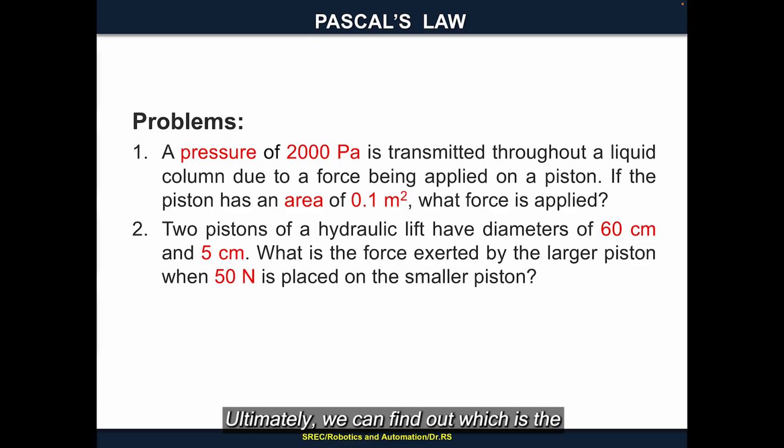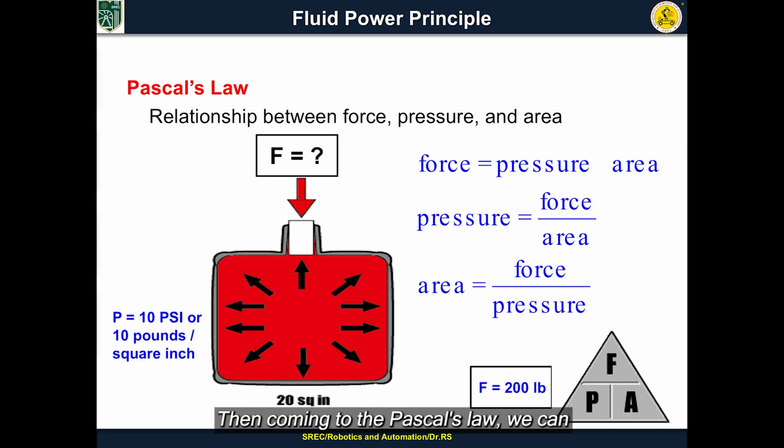Ultimately, we can find the unknown, whether force, pressure or area, in fluid power applications. Then we can solve some simple problems using the Pascal's law formula, either calculating the force or the pressure applied over the piston.